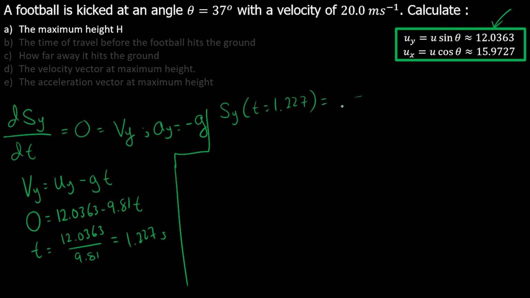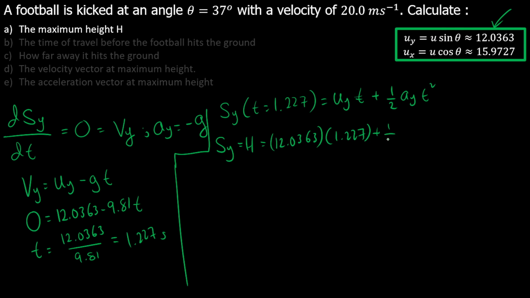This can be found if we substitute t into the equation uy t plus half ay t squared. Substituting the relevant values, sy, which is equal to h, equals 12.0363 multiplied by 1.227 plus half of negative 9.81 multiplied by 1.227 squared.